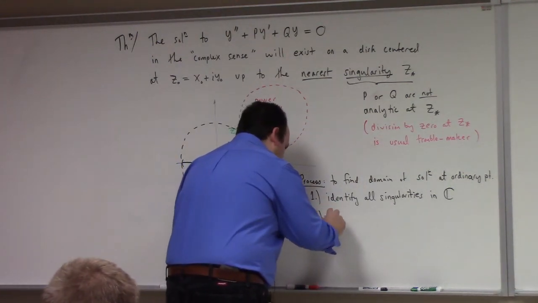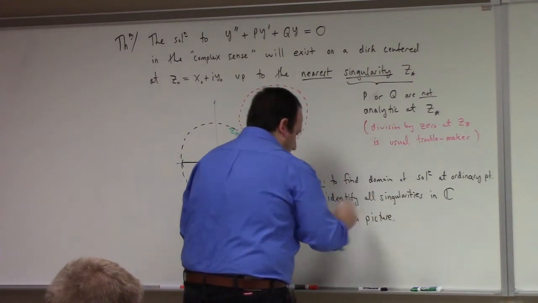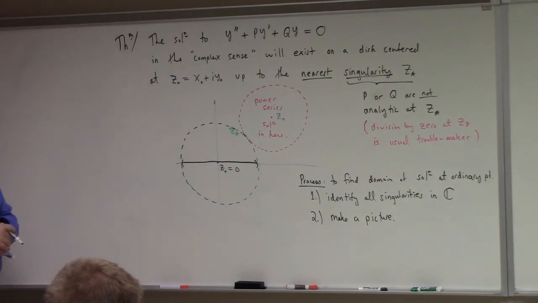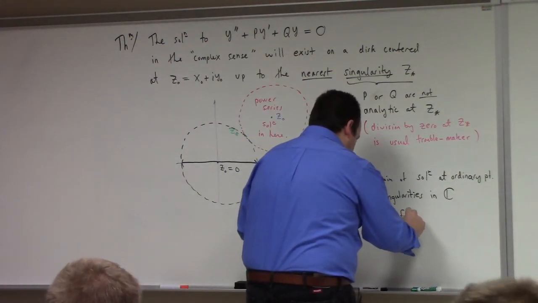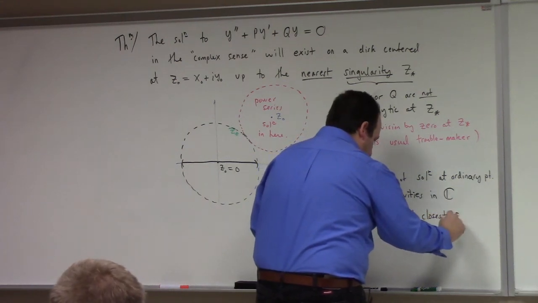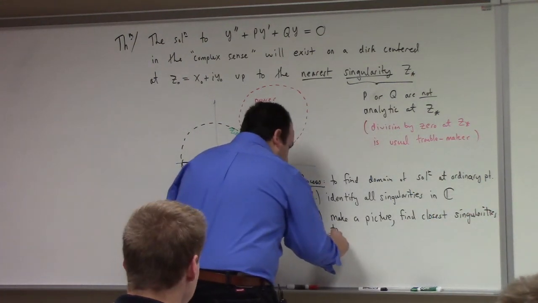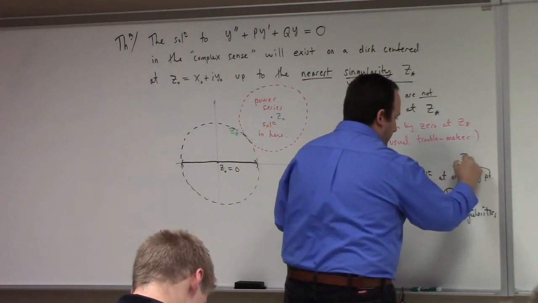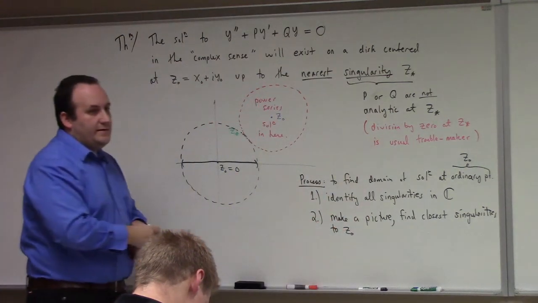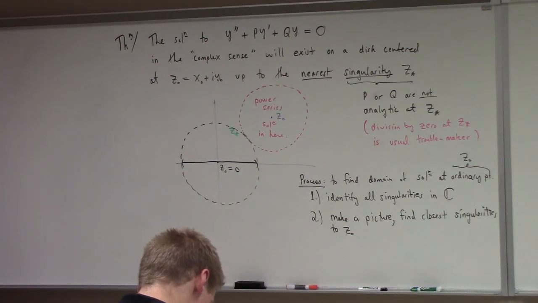Point number two is you make a picture to guide your thinking. Plot them. All right? In the process of making that picture, you want to find the closest singularities to your chosen center. Let's call that Z0. So we're looking to describe how far away from Z0 the solution will exist.